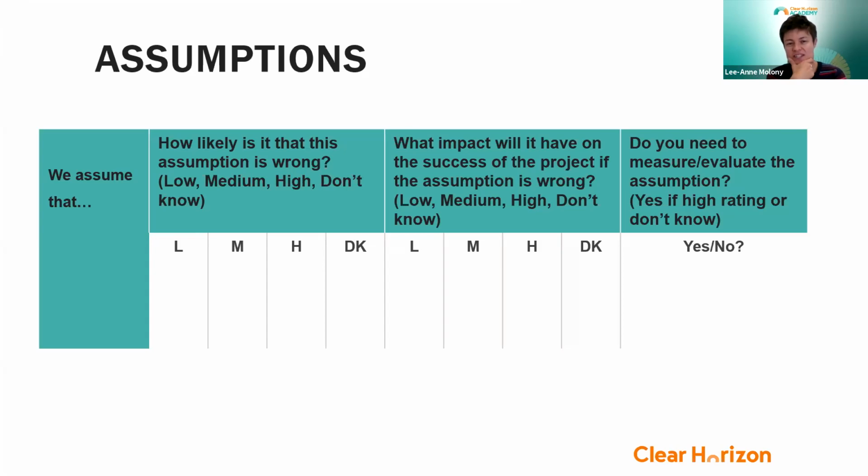What impact will it have on the success of the project if the assumption is wrong? Again, it will depend on the context of the project. There's no right or wrong answer here. It's really context specific.